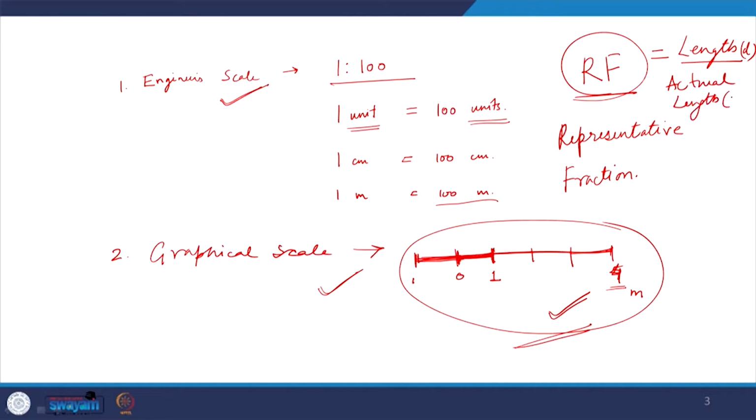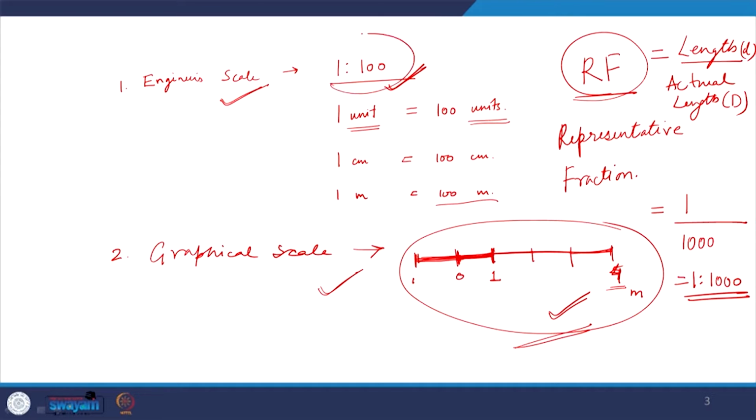So, if I say that the length of the drawing is 1 centimeter and the actual length of the object is say 10 meters, that is 1000 centimeters, same units we have to keep. So, the representative fraction is 1:1000, which is how we represent this scale.